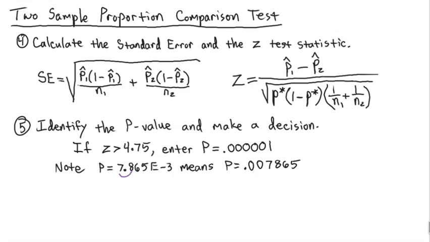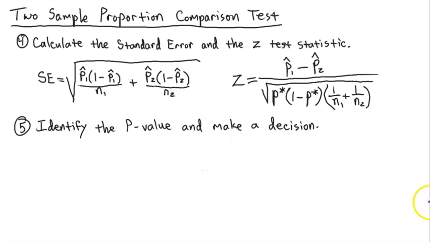See how the decimal is between the 7 and the 8, it used to be right here, and then this -3 says move it over 1, 2, 3 digits, and that's why we wind up with it over here. So if you get an answer that looks like this, then just move the decimal point to the left this many places, and then enter that answer as your p-value.